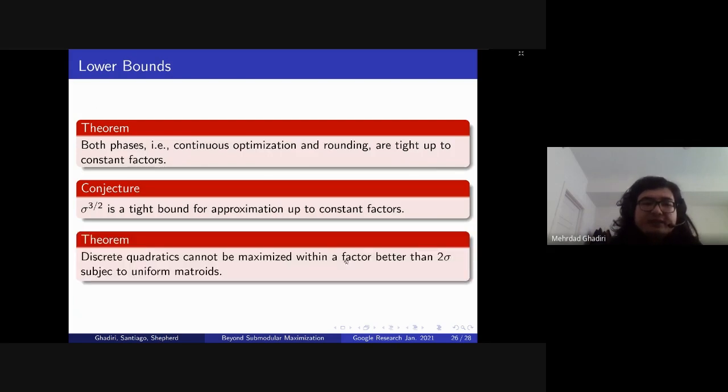Another lower bound is that the discrete quadratics cannot be maximized within a factor better than 2 sigma for uniform matroids. So basically, there is still this gap between the upper bound and the lower bound, because the best lower bound that we have is this theorem, which is for uniform matroids, not for general matroids. So the best lower bound is that we can't do better than 2 sigma, and the best upper bound is sigma to the 3/2.